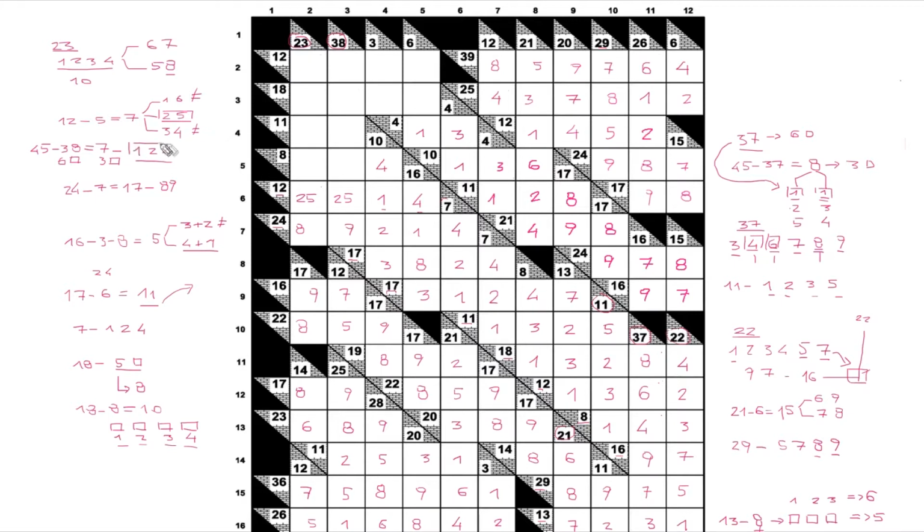And the consequence of this way of thinking is that here cannot be number 2 in this column for making number 38. Here has to be number 5, and here consequently will be number 2. Okay, what now?